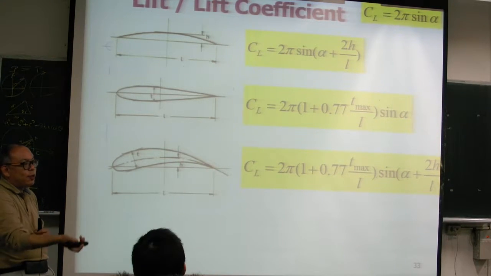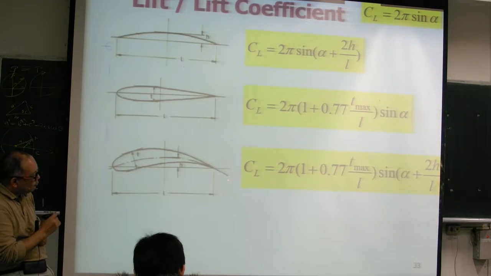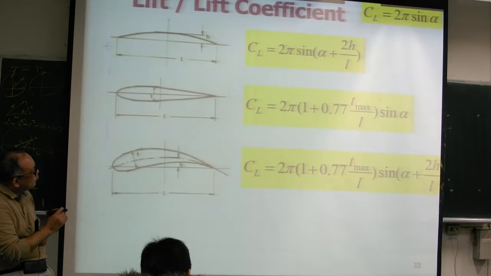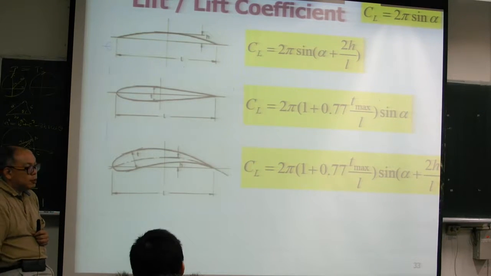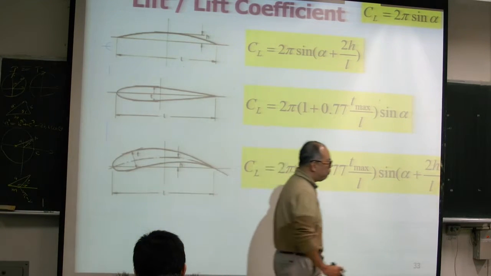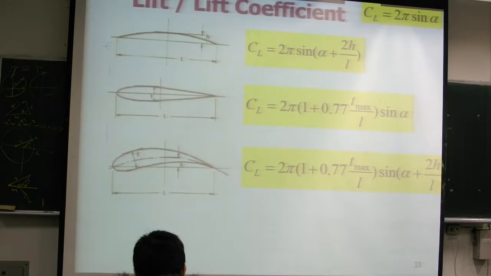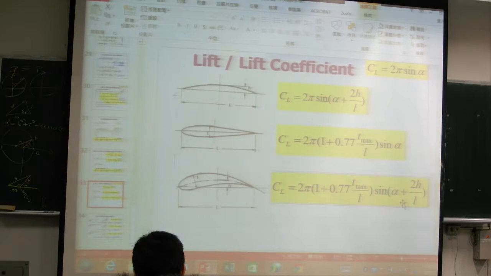You can also predict the result with the thickness as well as camber effect; it will look like this. 2 pi for this, and alpha here changes to this. So for the final result we do not need to calculate, we can just superimpose.